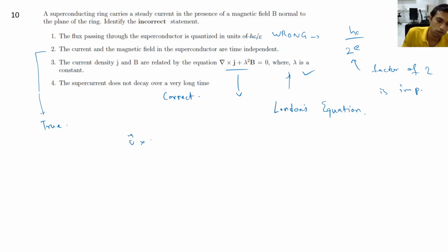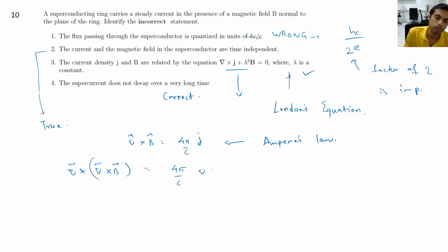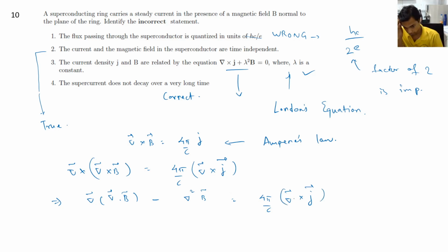Ampere's law says that curl of B is directly proportional to J, so 4 pi over c J. Then you take the curl again, curl curl of B is equal to 4 pi over c curl of J, and this thing is gradient of divergence of B minus del square B is equal to 4 pi over c curl of J, and divergence of B is always 0 from Maxwell's equation.